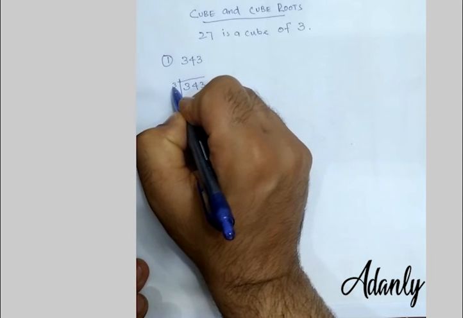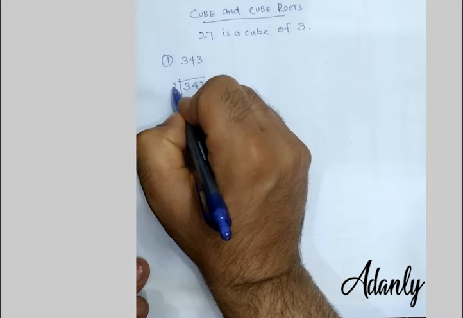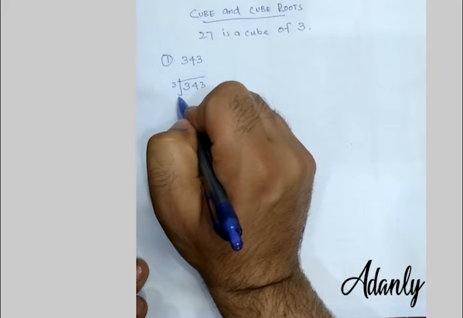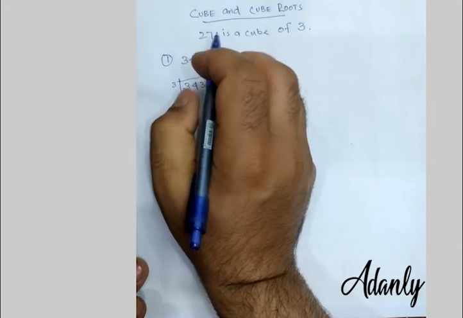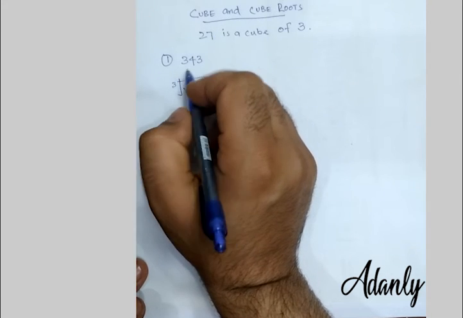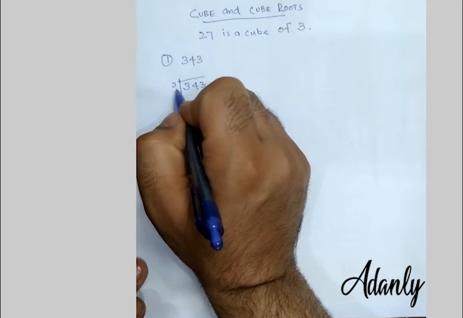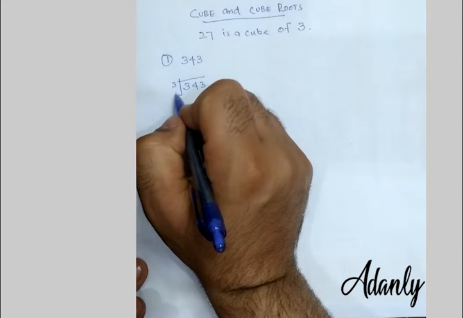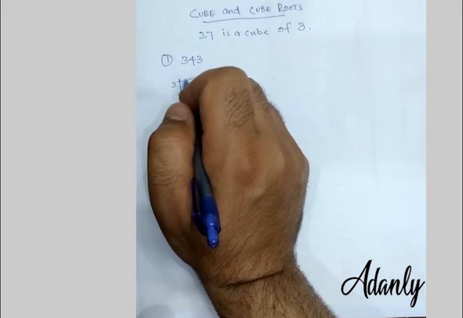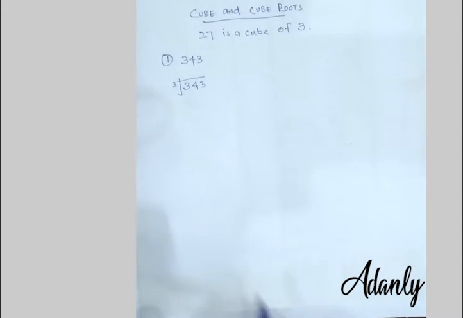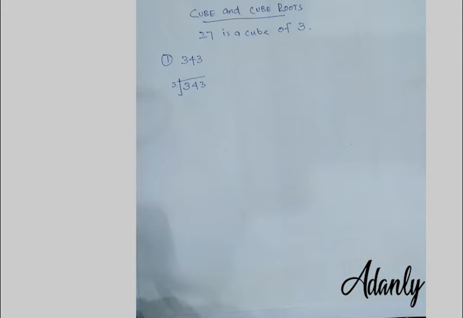This 3 shows that we have to find the cube root of 343. In square roots we had to write 2, or there was no need to write anything. If there is no number in the index, it shows that we have to find the square root of that number. So now we have to find 3 such identical numbers that give us 343.